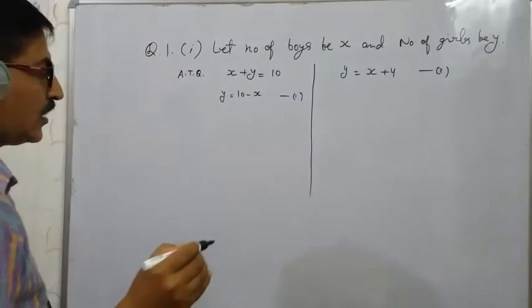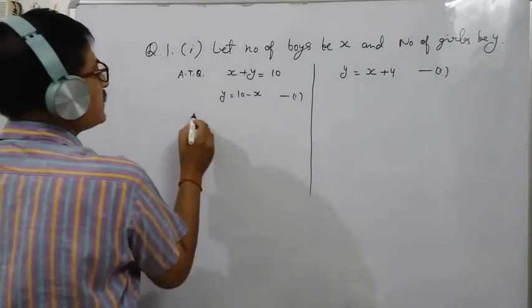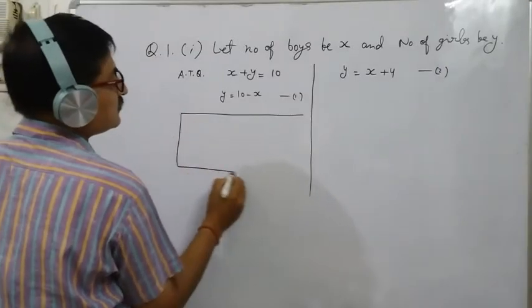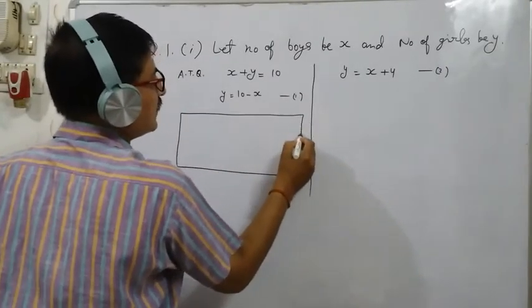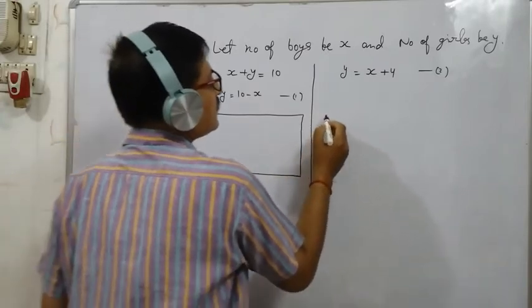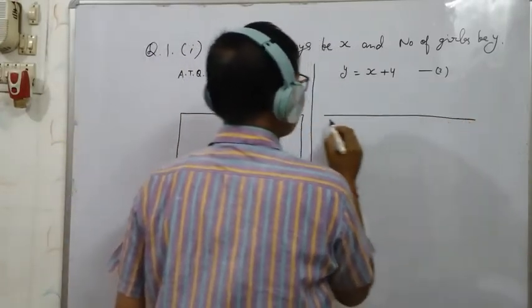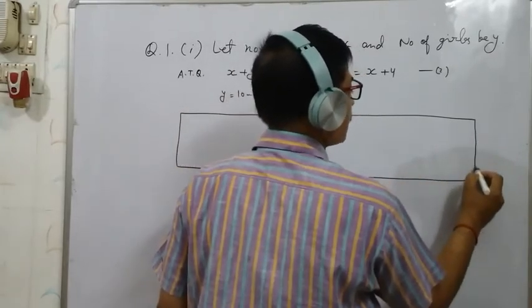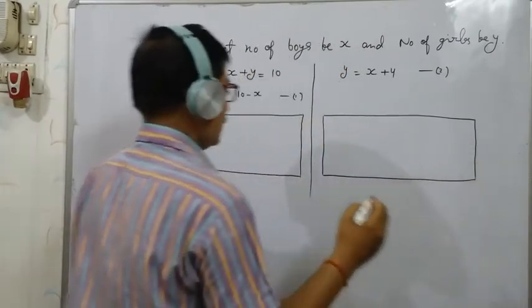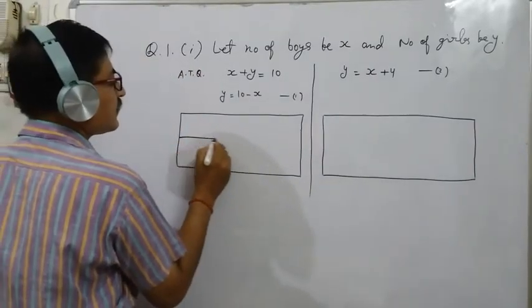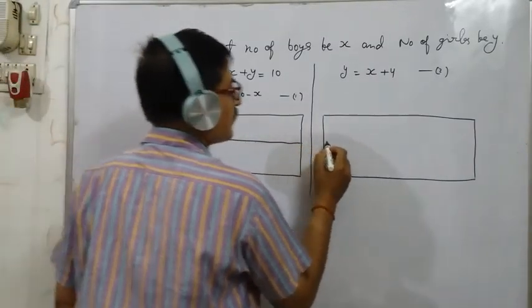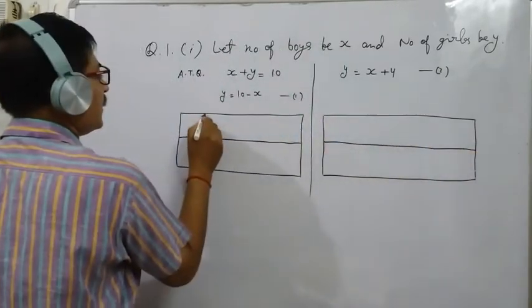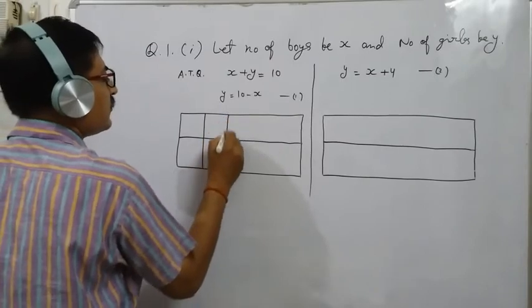Now how to convert them into coordinates, you will see. For that you have to make a table, and you will get the coordinates, then you can solve it graphically. Here we can take 2-3 values.